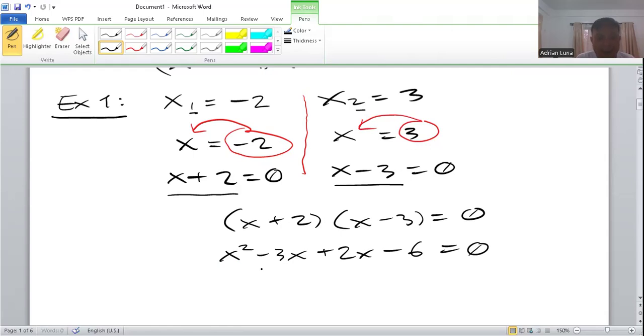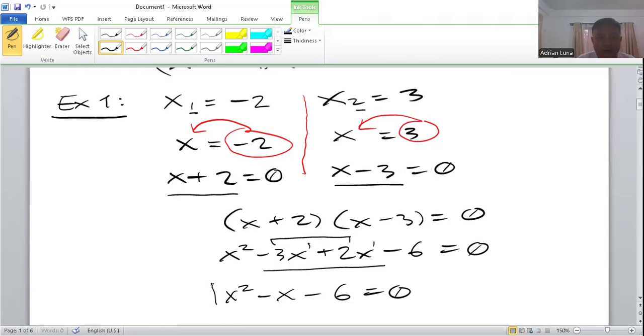And combine like terms, para silang may x1, so we're going to combine yung coefficient nila algebraically. So x squared, it's -3 plus 2, that would be -1 times x, -x minus 6 is equal to 0.